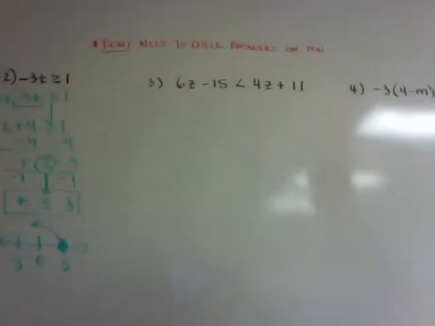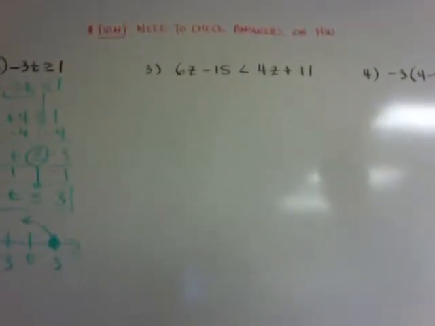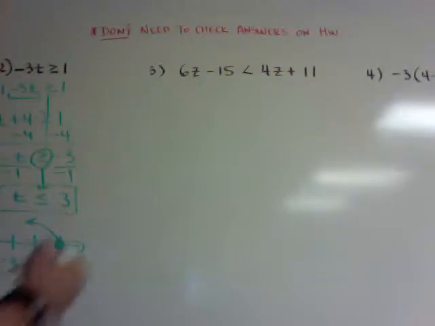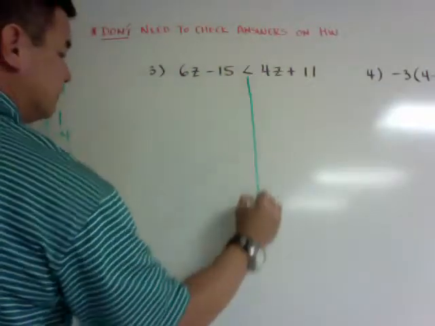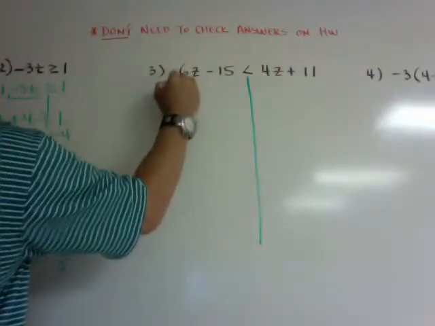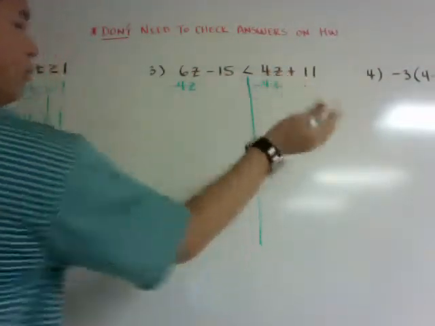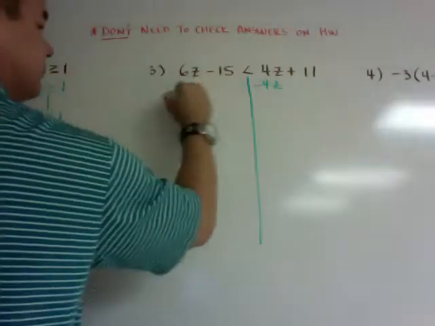Let me try to bring this in closer so you can see. So now I have variables on both sides of the inequality. So I'm going to draw this line down. And I'm going to minus 4z from both sides because again, I want variables only on one side, so I'm going to get rid of this one.